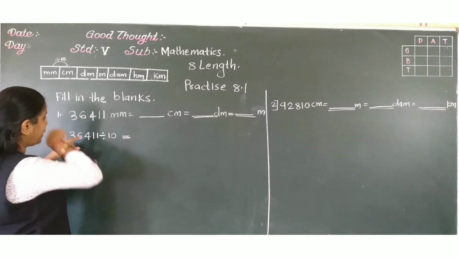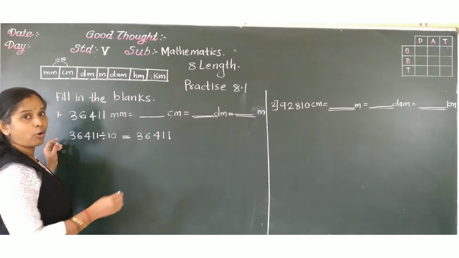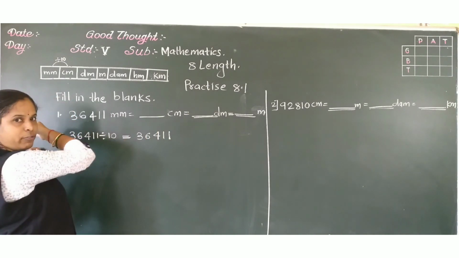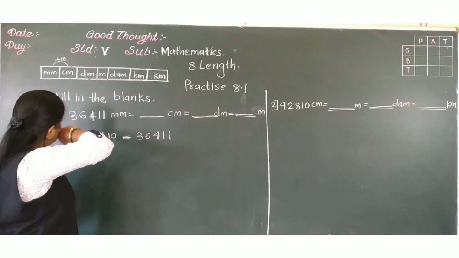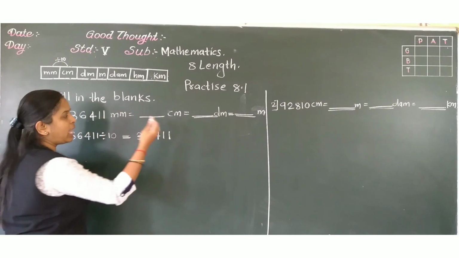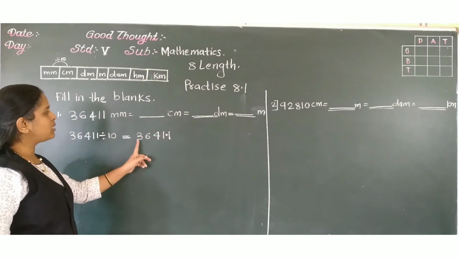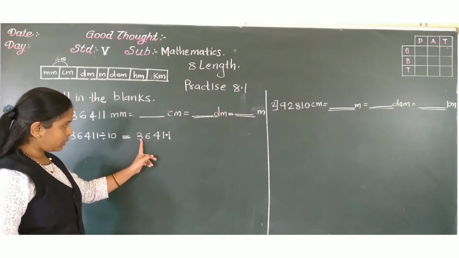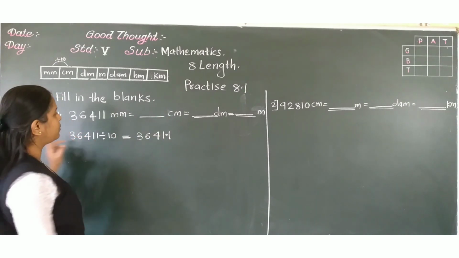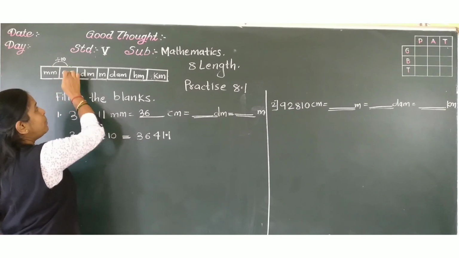Write this number as it is, start from the right side and shift to the left. How many places? Only 1 zero, so 1 place. Count 1 place from here. That is 3641.1 centimeter.